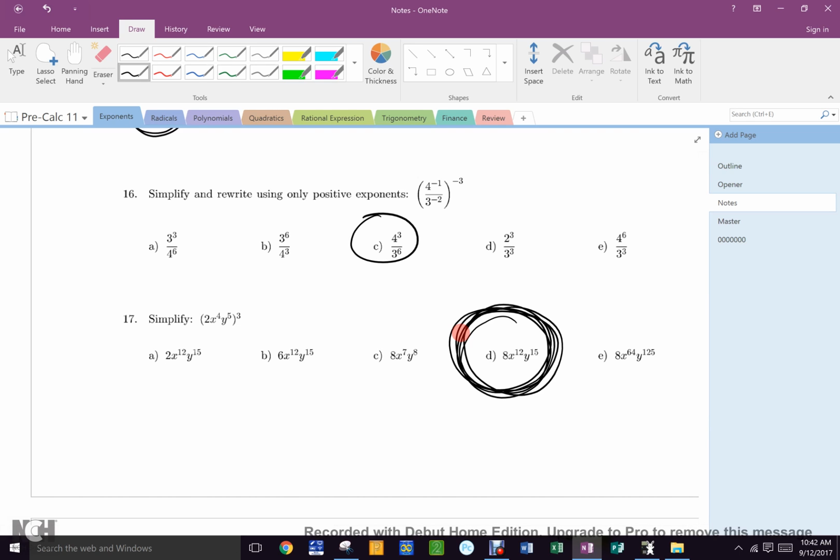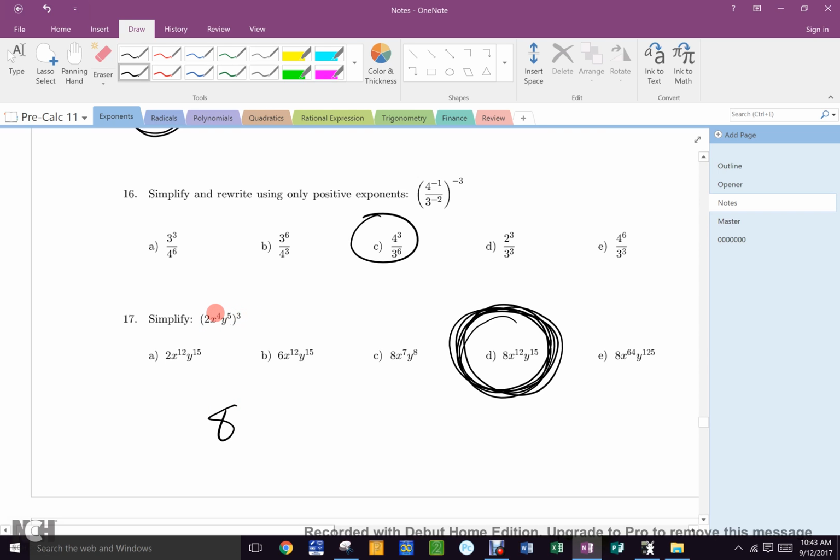Okay, Sukbal. That 3 goes where? It distributes to what? Everything, right? So is that 2 part of the base? Yes. What is 2 cubed? 8. 4 cubed.